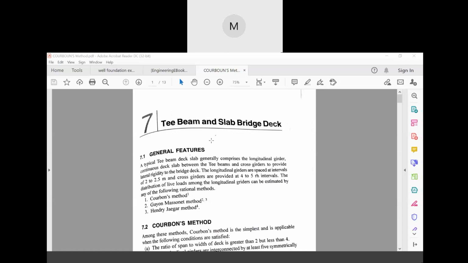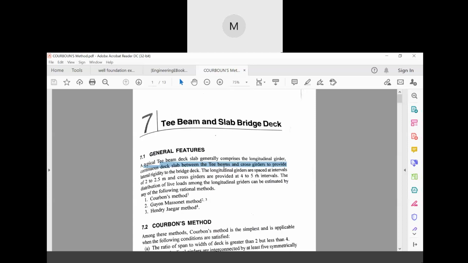So let us repeat it again. In T-beam slab bridge decks, there are basically three methods: Courbon's method, Guyon-Massonnet method, and Henry-Jaeger method. A typical T-beam slab deck comprises the longitudinal girder and the continuous deck slab between the T-beams and cross girders, which are used to provide lateral rigidity to the bridge deck.